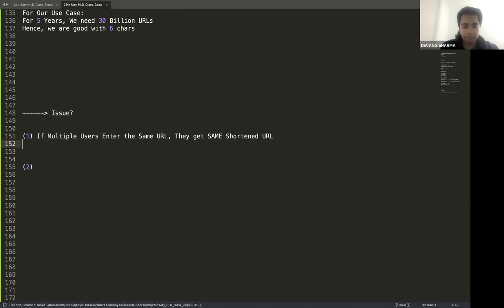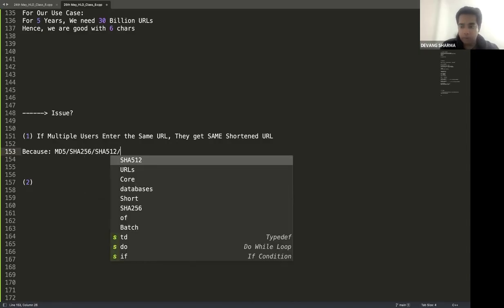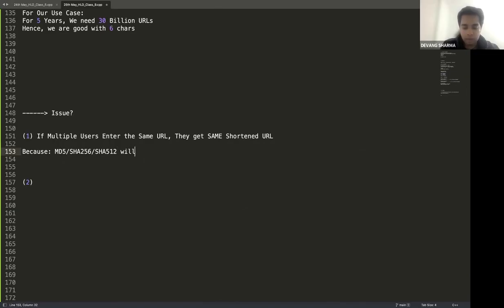All agree? Why? Because my MD5 or SHA-256 or SHA-512 or whatever algorithm that you have used will create the same hash for the same input for different users.